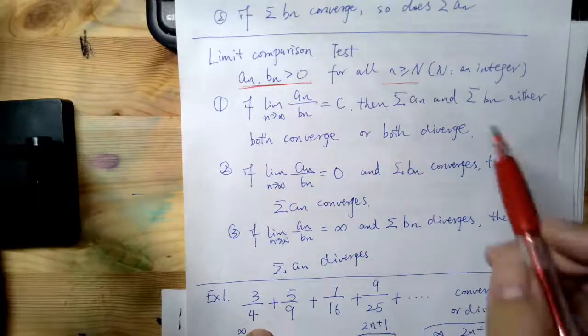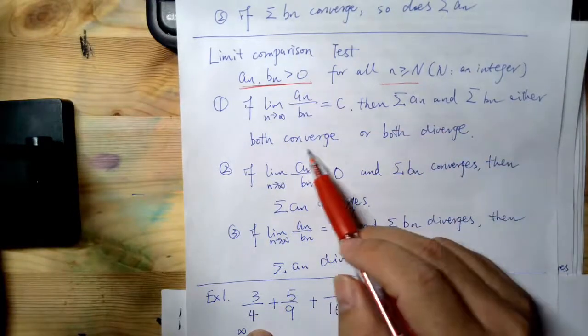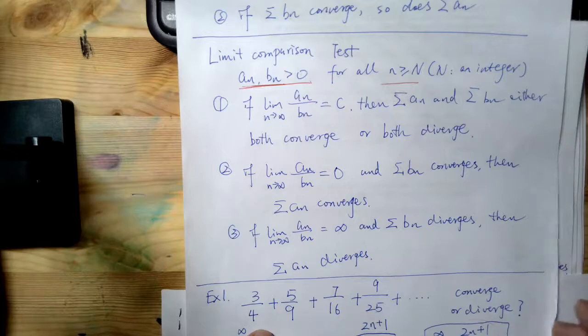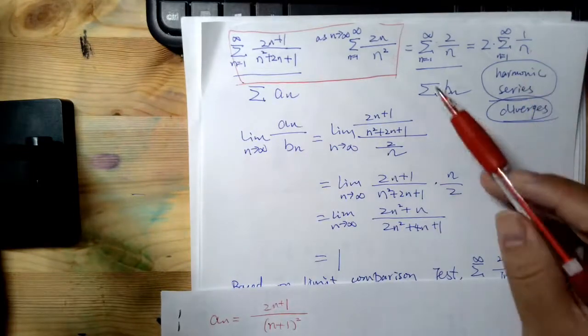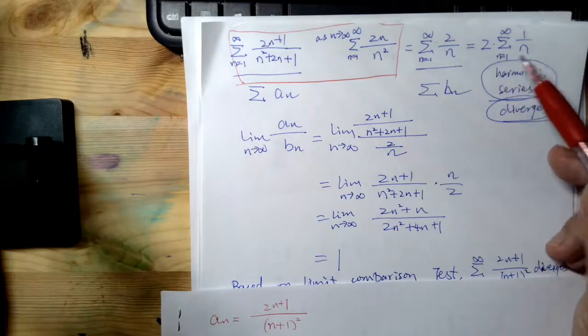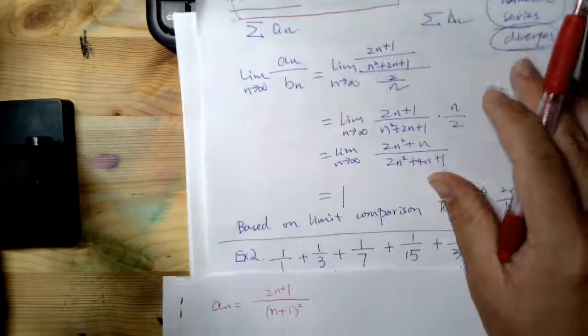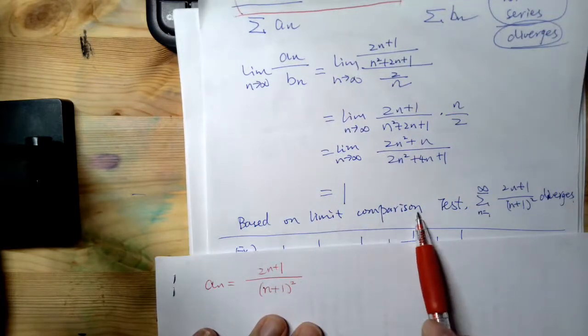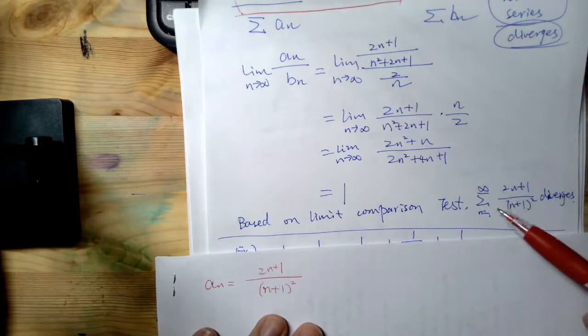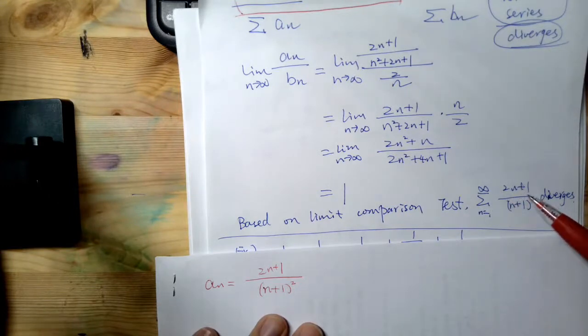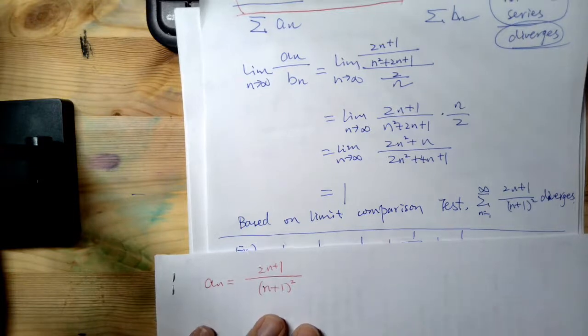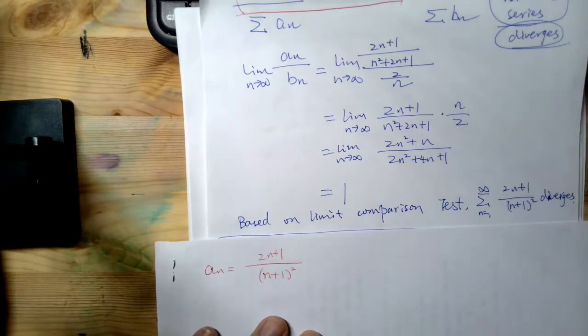Then a_n and b_n either both converge or both diverge. We already know that our b_n, which is 2 times a harmonic series, diverges. So based on the limit comparison test, we conclude that my original series, (2n plus 1) over (n plus 1) squared, diverges. That is the first example for the limit comparison test.